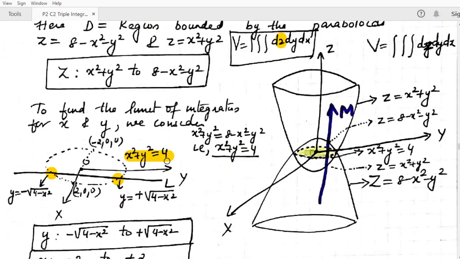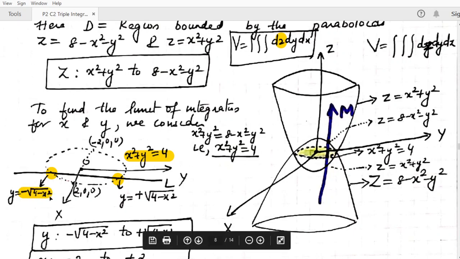So we are getting two values of y, that is plus root 4 minus x square and minus root 4 minus x square. And we know that this is our origin, and in this direction the value of y is negative. So the negative value of y will be here.